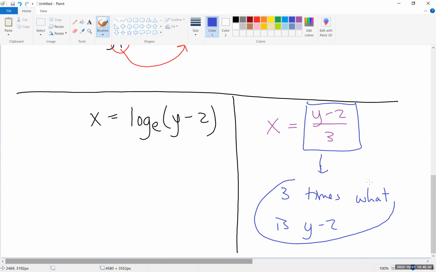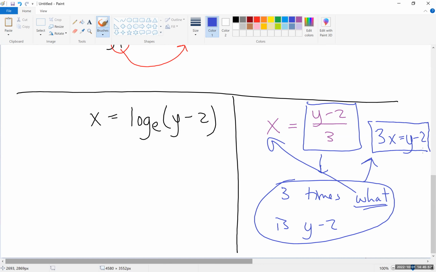The what is x. 3 times x equals y minus 2. You could do that. No one in their right mind will write out the definition of division and then use that to do this.